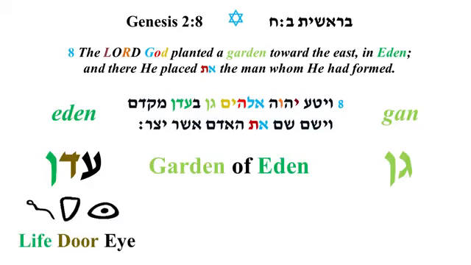If you look at the pictographs of those 3 letters, ayin is an eye, Dalet is a door, and Nun, this is the final Nun, is represented by a fish, or it represents life. So Eden, you can eye the door to life. Look and see the door to life was in Eden.